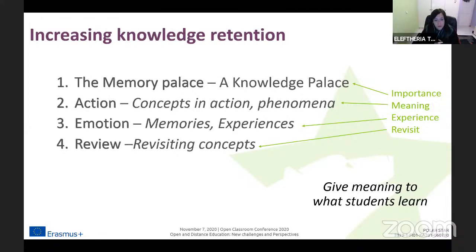And of course, we're going to revisit everything we learned, but we want to do that in an inventive way that will help increase our students' retention. Are there any questions so far because we're concluding the part of how do we increase knowledge retention? And we're going to move on and discuss the other question that we had. So are there any questions so far?